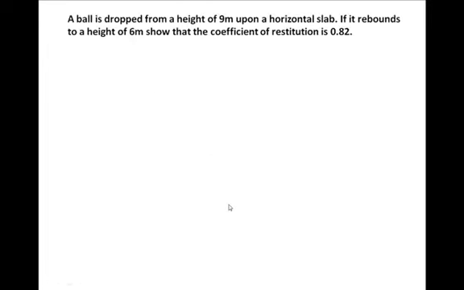Now let's solve an actual problem. It says a ball is dropped from a height of 9 meter upon a horizontal slab. If it rebounds to a height of 6 meter, show that the coefficient of restitution is 0.82. Okay, here is 9 meter. You're going to drop a ball from here.